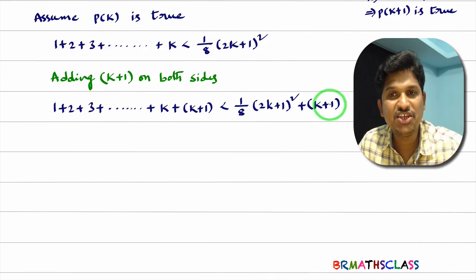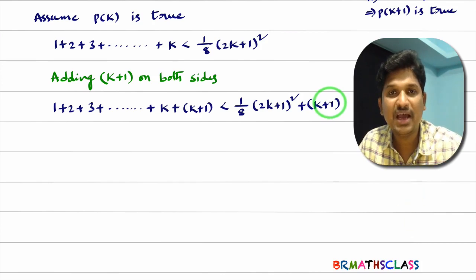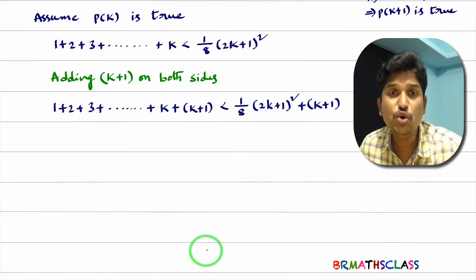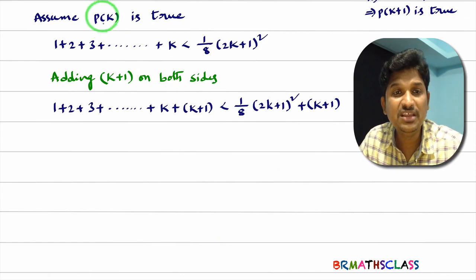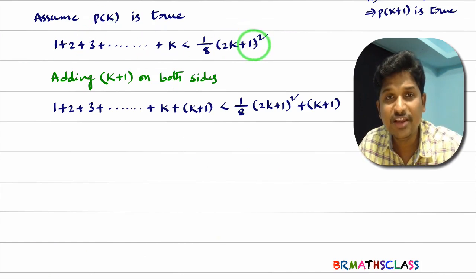What is our intention? We are trying to prove P of k plus 1 is true. It is important to keep in mind what P of k plus 1 is. So, first I'll write here what P of k plus 1 is. How will you get P of k plus 1? In this P of k, in this statement, wherever k is there you write k plus 1. Then you will get P of k plus 1.